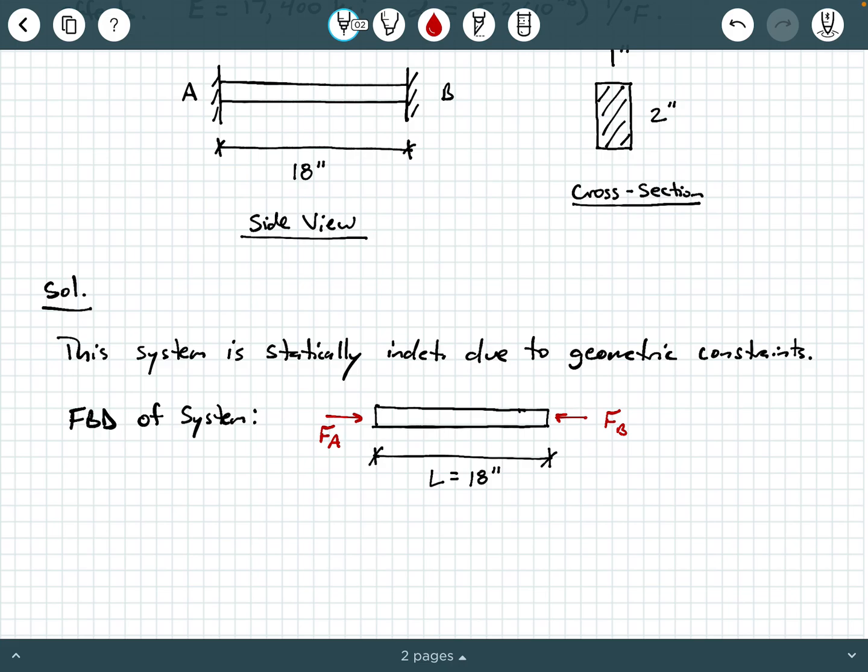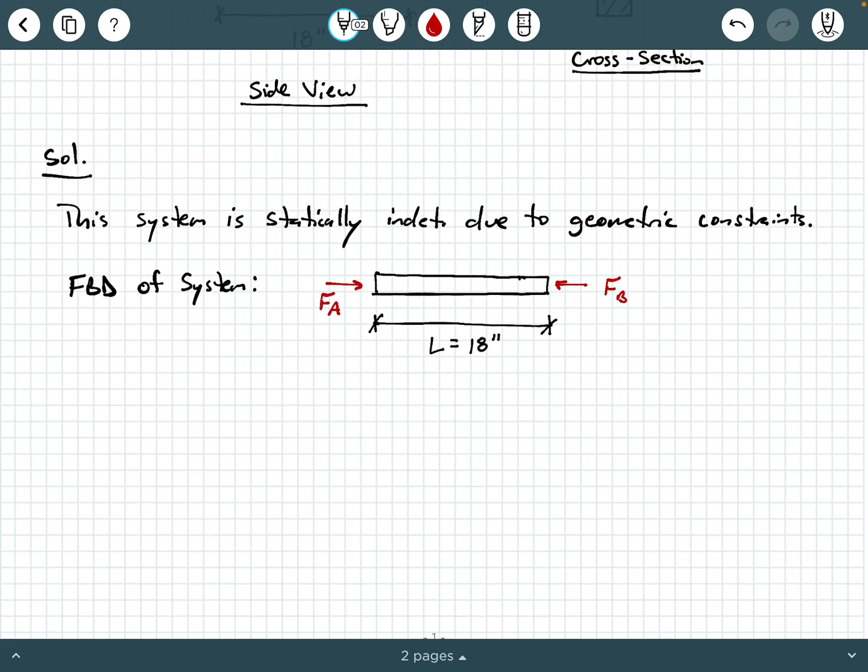So just by looking at this free body diagram, our equilibrium equation is going to be sum of the forces in the x direction equals 0, and we can write here FA minus FB equals 0. So clearly from here, FA is going to equal FB, all right?